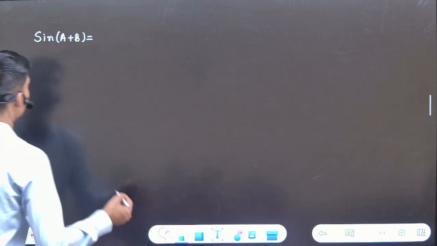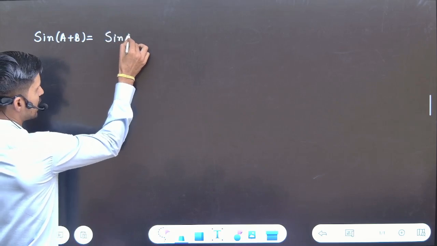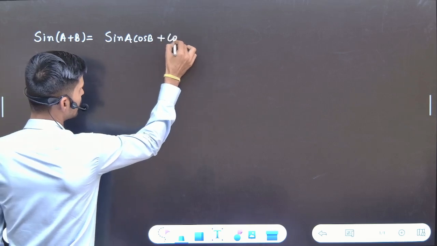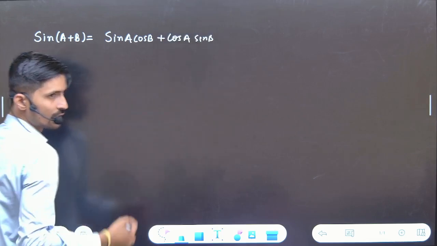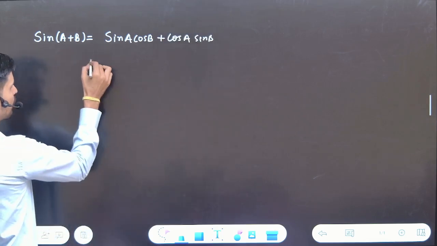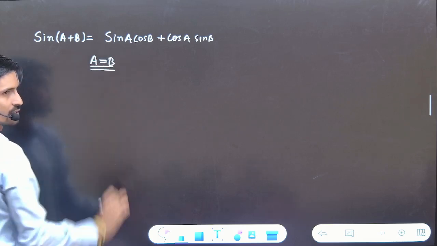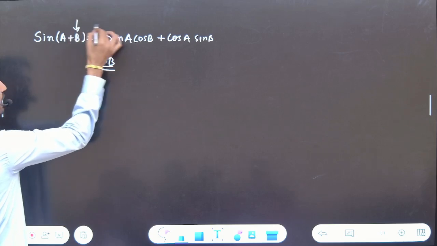Now see the next formula. This formula you have to remember in one go. This is sin A cos B plus cos A sin B. Okay? So now put A equal to B. Suppose A and B are equal, so in place of B I can write A, yes or no?